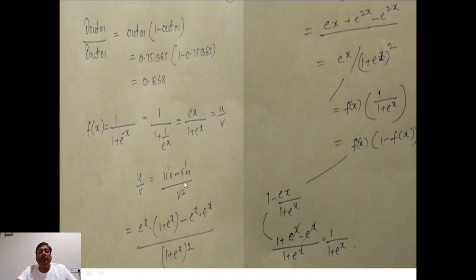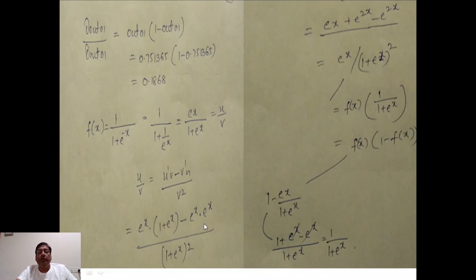So if I replace the values over here, considering this as u and v, I can write it as e to the power x into 1 plus e to the power x minus v dash. When you take the derivative with respect to x of e to the power x, you can write it as e to the power x into e to the power x upon (1 plus e to the power x) whole square.